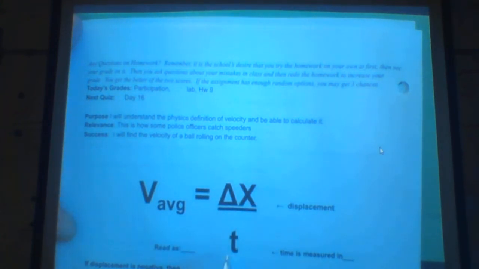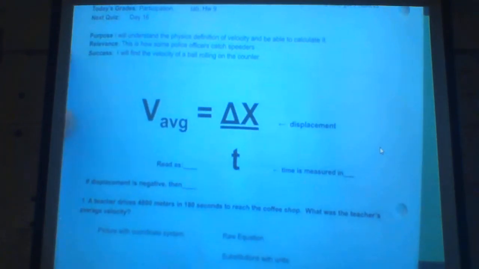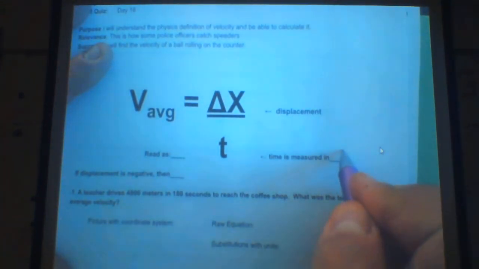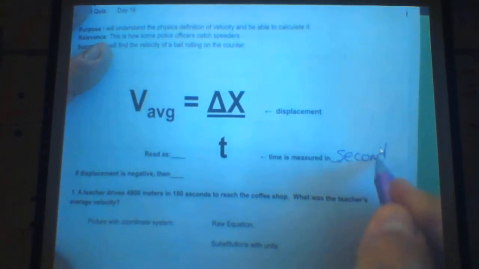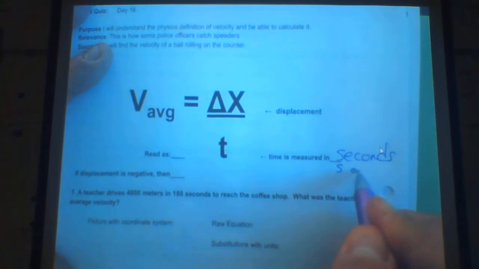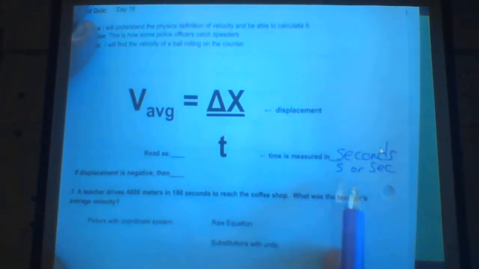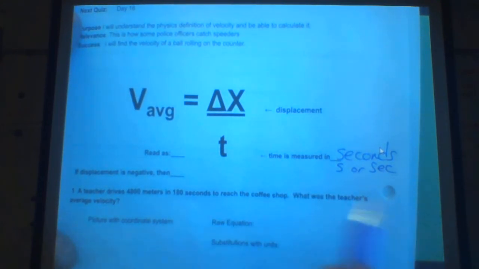Down here, t, we talked about this yesterday. The t is going to be time, and it's measured in things like seconds. Seconds is the most common. That's abbreviated s, or it could be SEC if you're a little bit more old-fashioned, but generally you'll see it as a single s. Time is always positive.